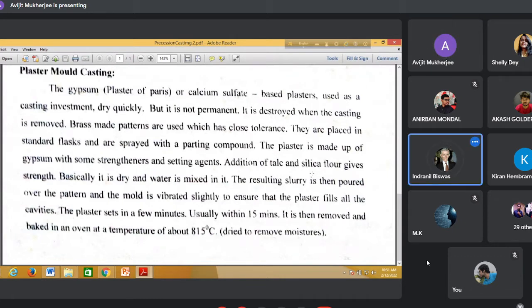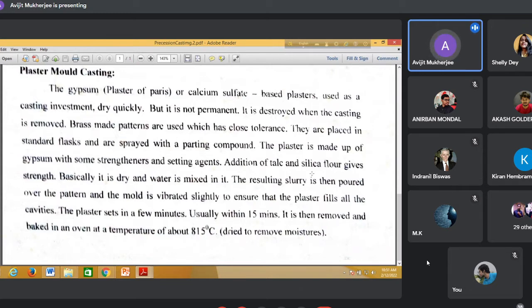Now the pattern is adhered with this slurry, and it may be vibrated slightly so that the slurry fills each and every sharp corner of the pattern.